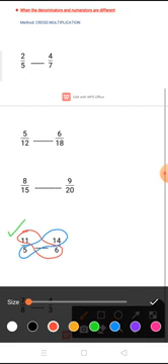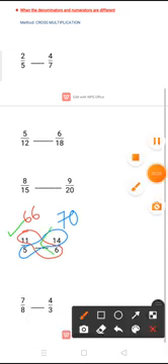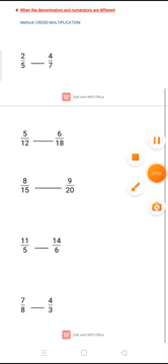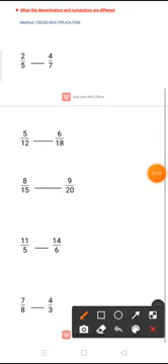If we multiply 11 into 6, we will get 66, and 14 fives are 70. Which one is greater? Between 66 and 70, 70 is greater. So this fraction will be greater. You will do this calculation part in your rough space, and finally put the correct symbol.